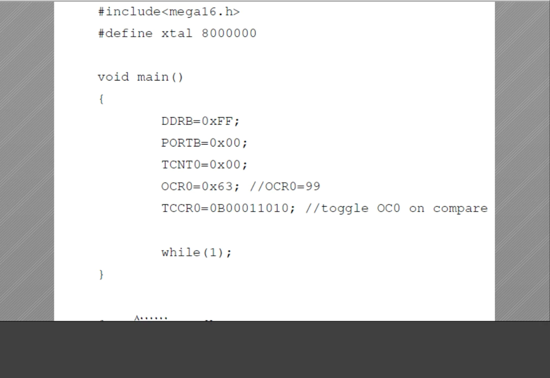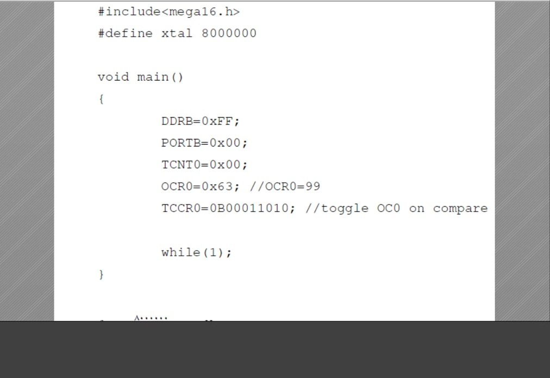That means 6 multiplied by 16 plus 3. 6 multiplied by 16 is 96, plus 3 means 99.